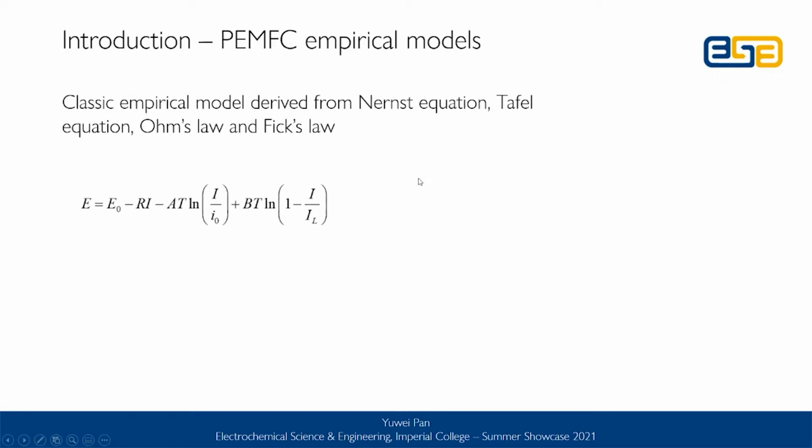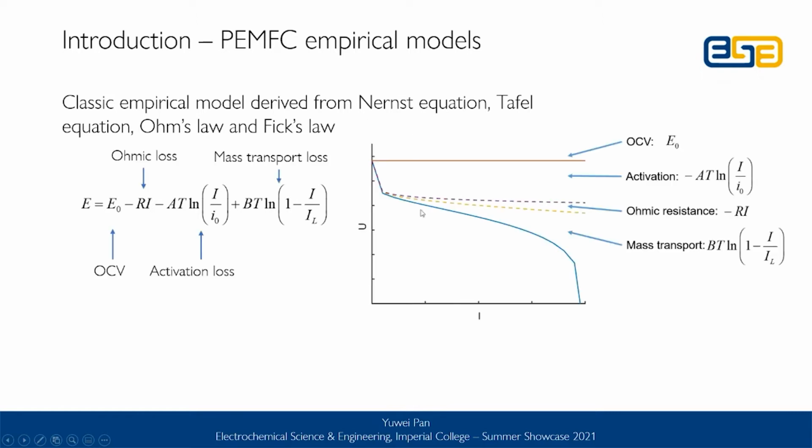The classic empirical model is derived from 4 basic equations. Although it is based on a lot of simplifications and assumptions, it includes all 3 major sources of potential drops of PEM fuel cells, and it can fit well with the experimentally acquired polarization curves under given temperature, pressure, and humidity.